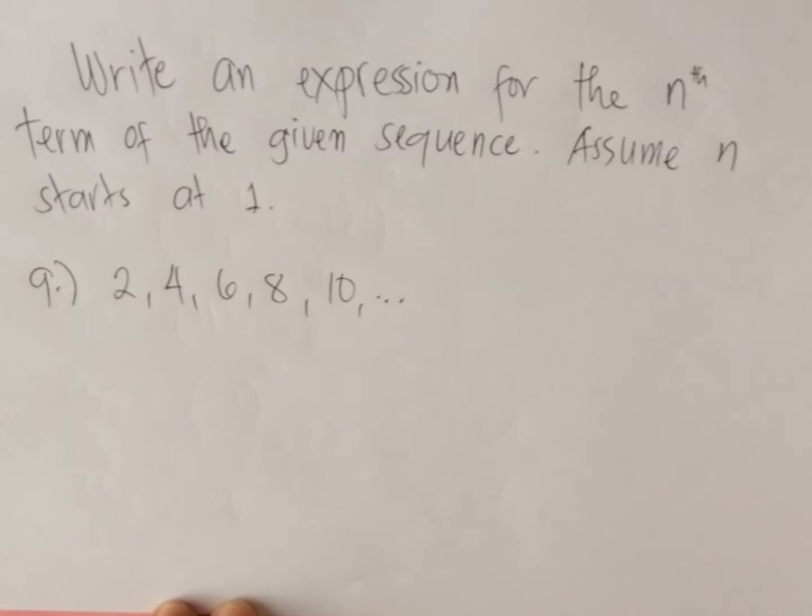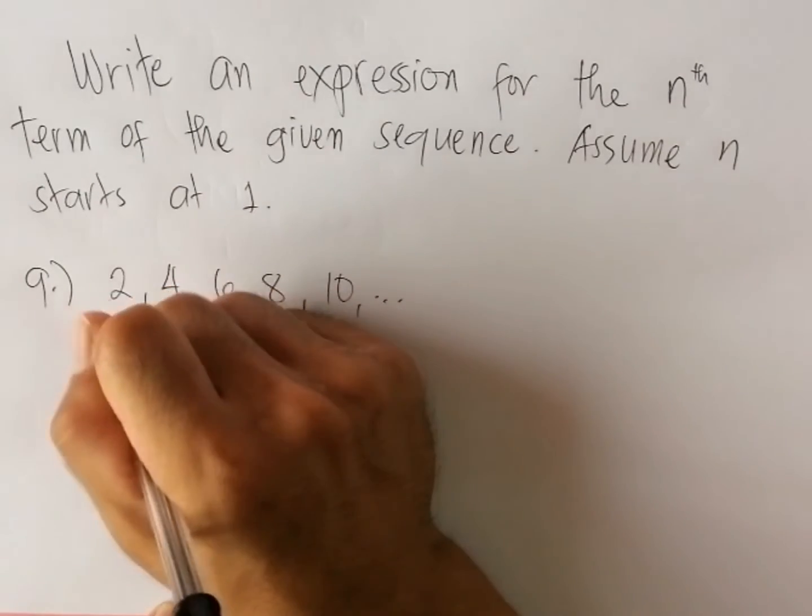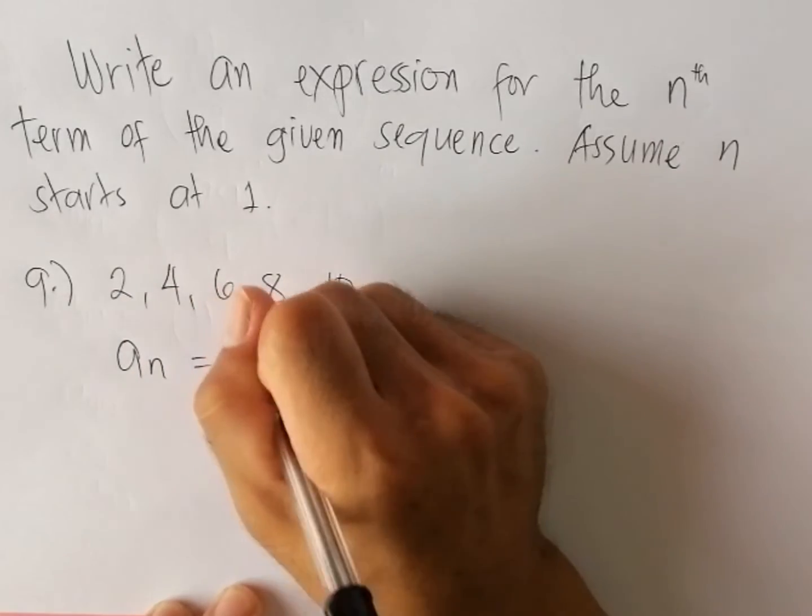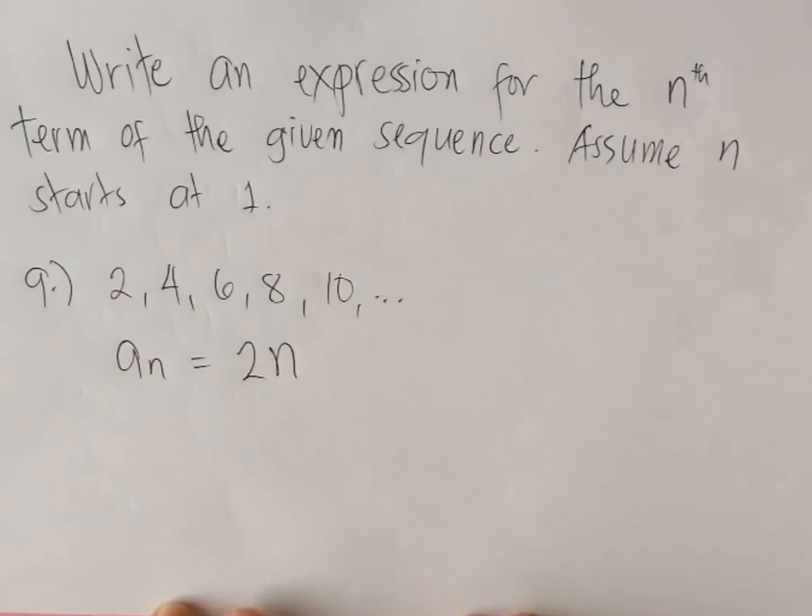Then if n is equal to 2, then the second term is 4. So that is twice the number of your term, so a sub n is equal to 2 times n.